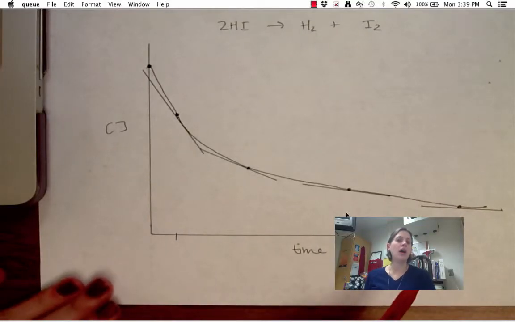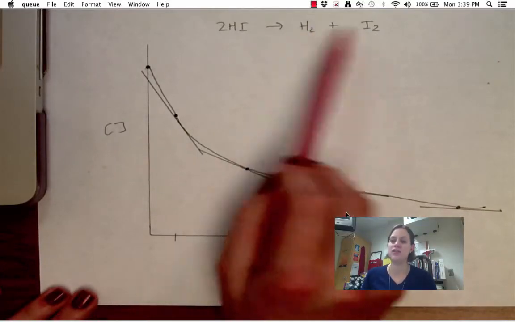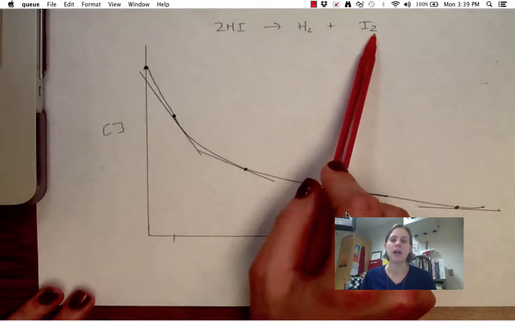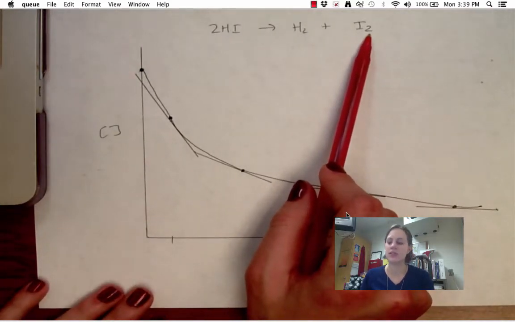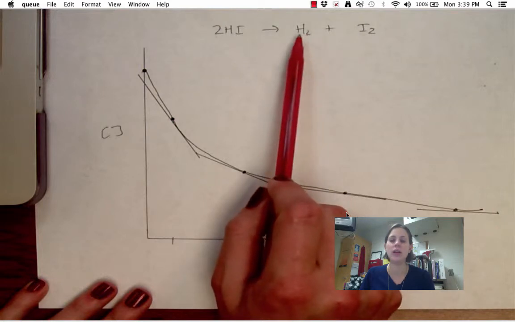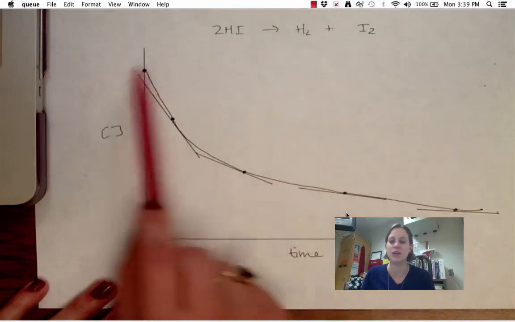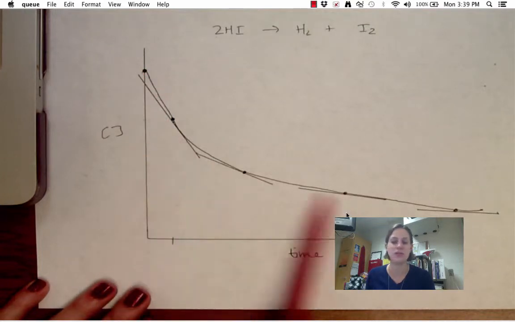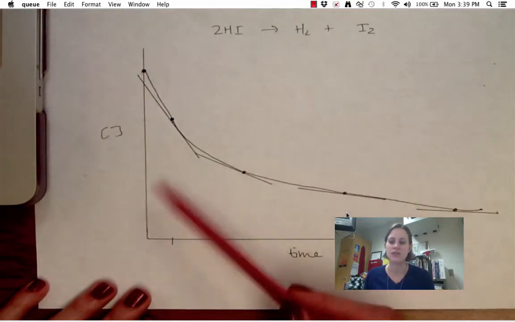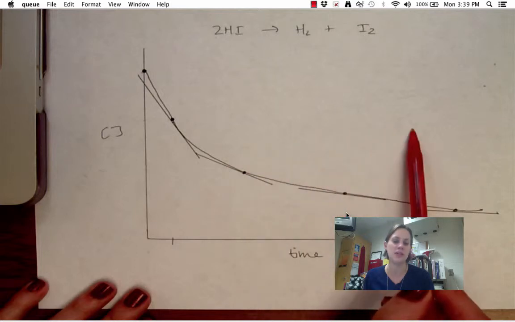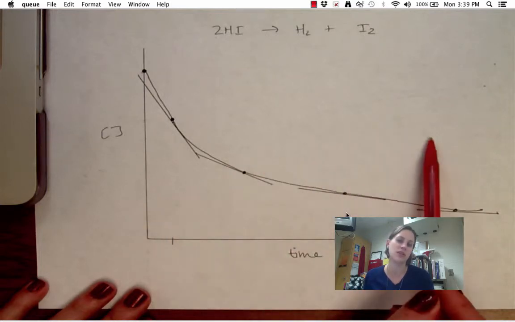If we were to draw a curve for what either of these two products might look like, it would look a little different. So I have to know here that generally, my products are being produced, which means instead of being used up, the concentrations aren't decreasing over time. The concentrations will increase over time, and so they'll have a positive slope to their curves.